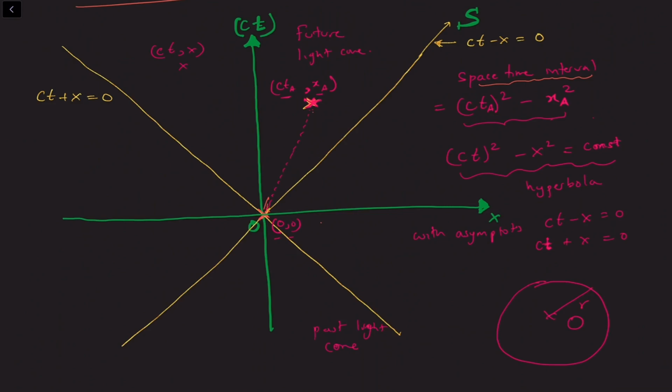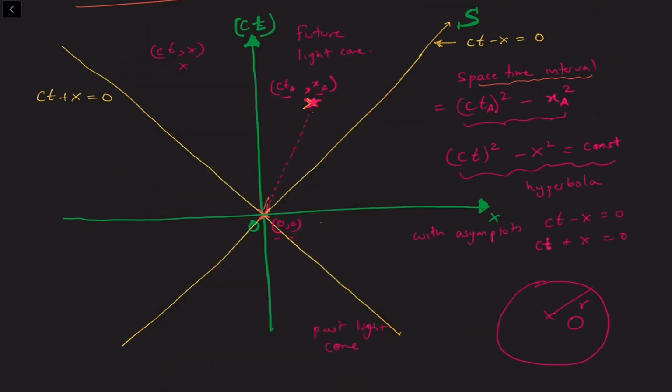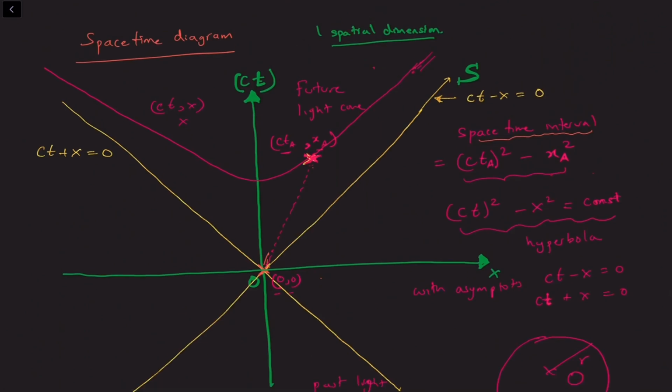That set of all space-time points we can now draw, and it would look something like this. I haven't shown it all the way, but you can imagine that this hyperbola asymptotes to the light cone.